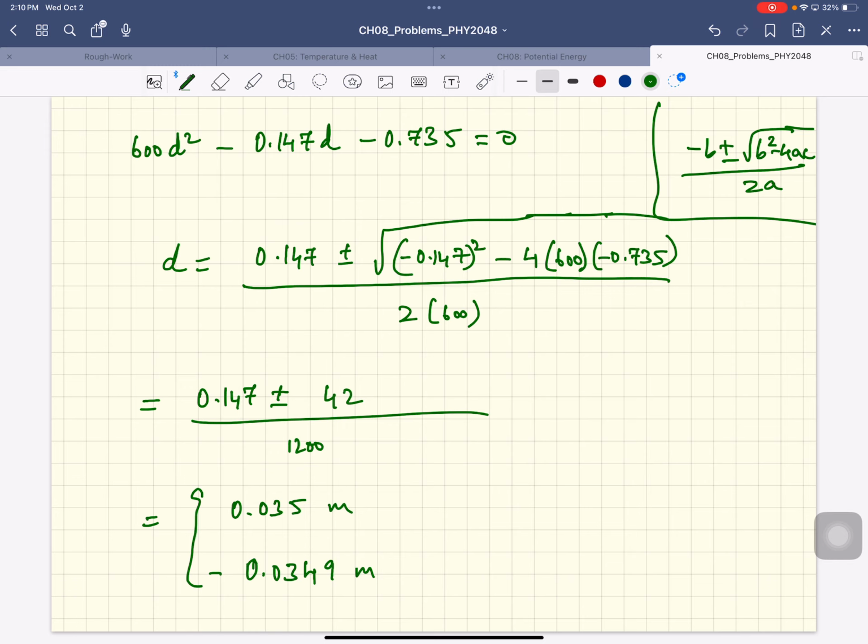Okay, so what is the solution? So you compressed it this much. Okay, 3.5 centimeters, about 1.5 inch.